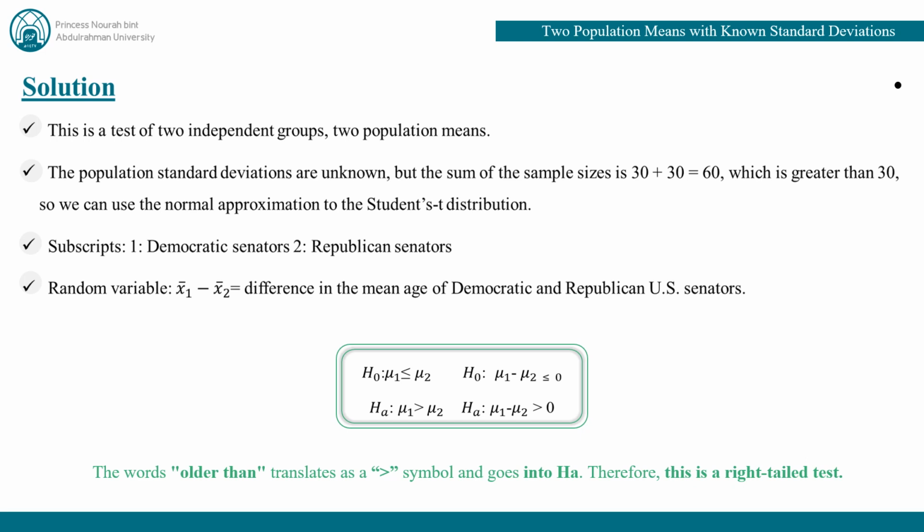The null hypothesis is mu1 is less than or equal to mu2. The alternative is mu1 is greater than mu2.